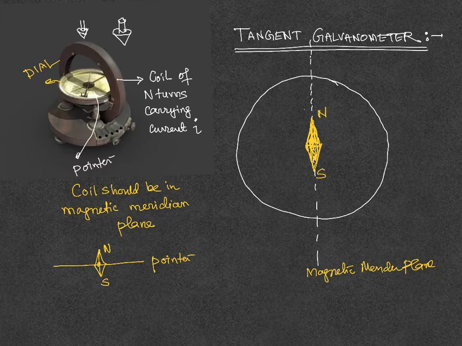Right. So it will align in the direction of this BH. BH is what? The horizontal component of Earth's magnetic field.